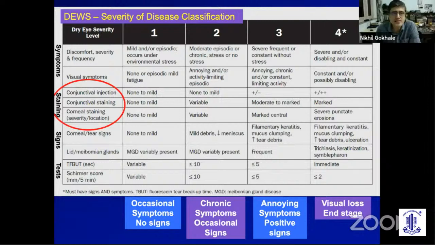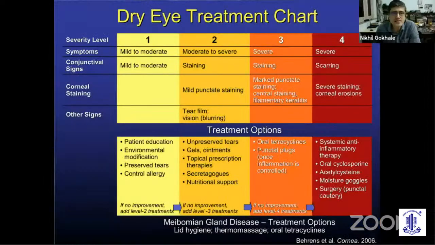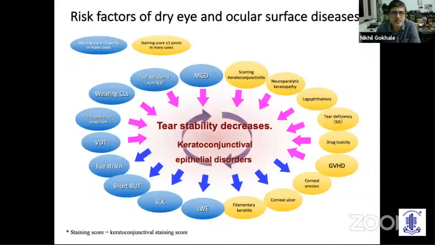Based on the extent of staining, it might also help us decide what medications we might use for a given patient. We might see some patients of dry eye who have extensive staining. There may be other pathologies which cause dry eye where we don't see a significant amount of ocular surface staining, though we may still see a good number of symptoms in the patient.